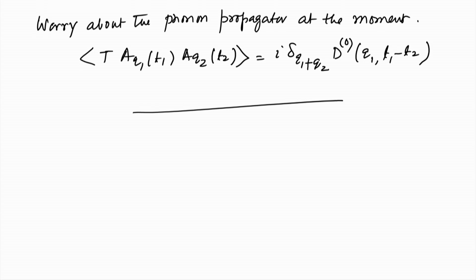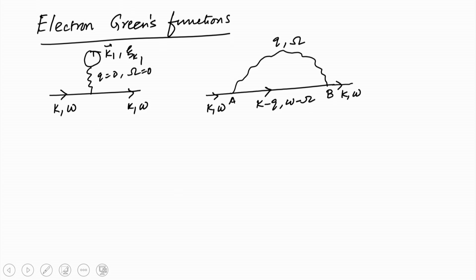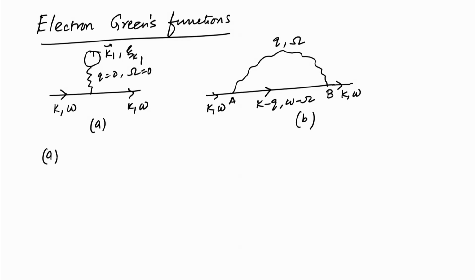So, these two classes of diagrams is what we had seen. Let us call this as A and this as B, and see what they can tell us and how we actually use them to calculate something that is of importance to us. So, A is known as the Hartree term, and the B is known as the Fock term.